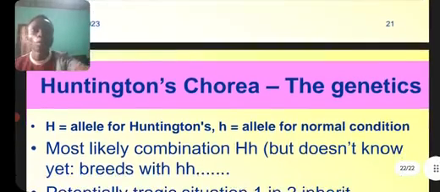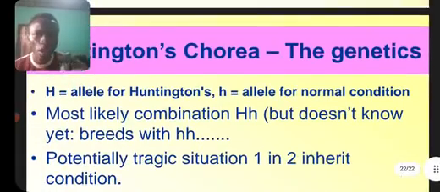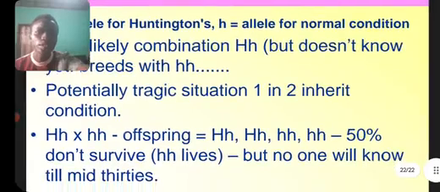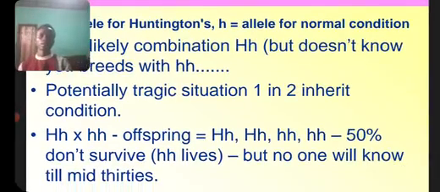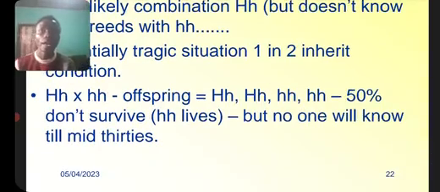Then if you cross an individual who is heterozygous for this condition with one who is completely recessive, having two recessive alleles, we'll have a 50% chance of survival, because some individuals will have it and others won't. But no one will know that they have this condition until they're in their mid-30s. That is the disadvantage of this disease.